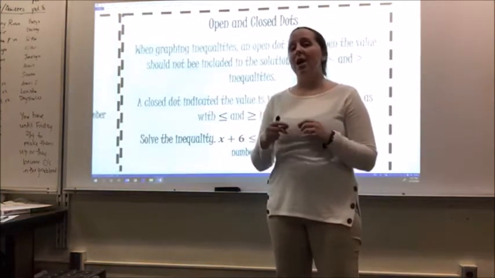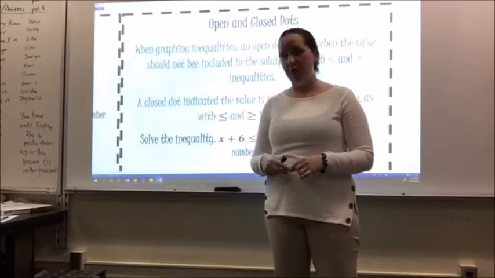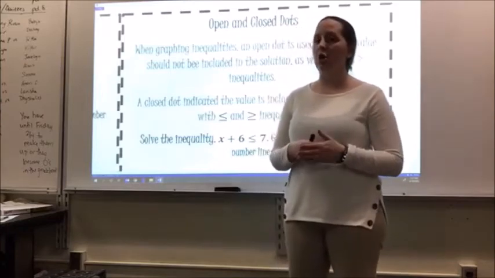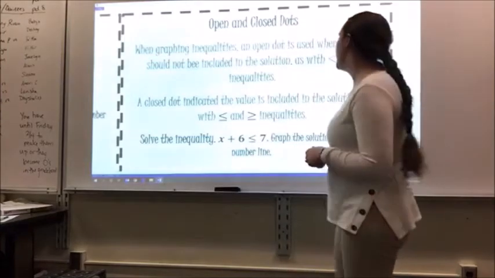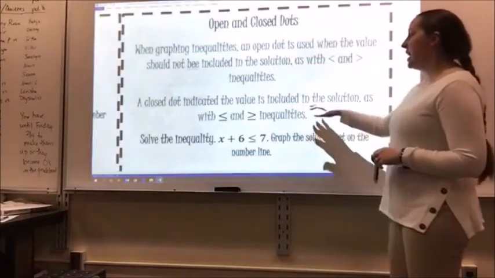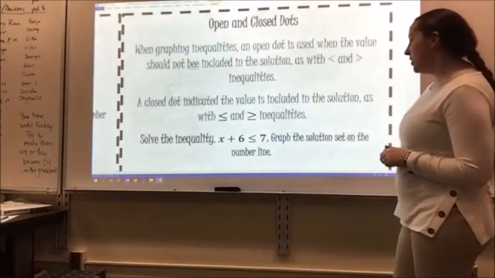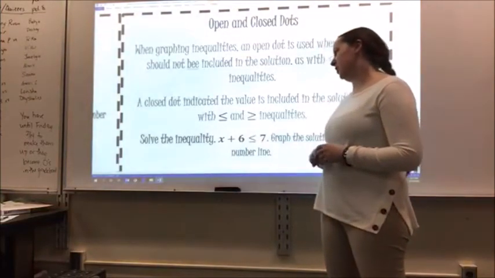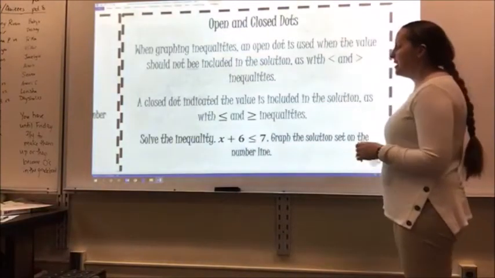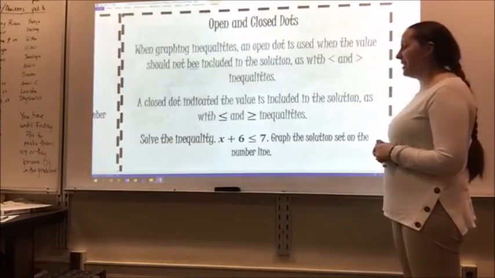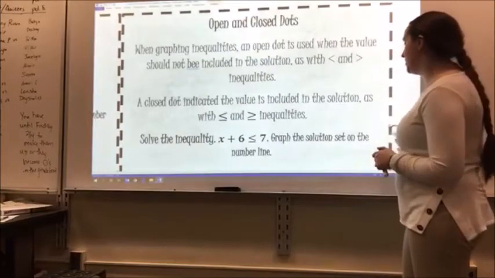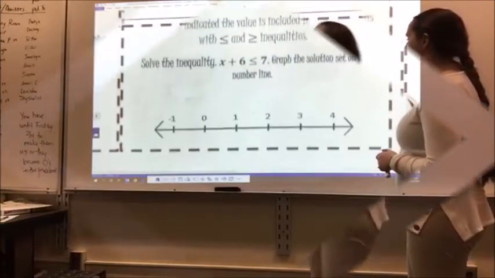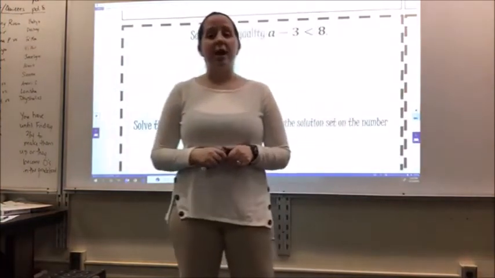If it's a greater than or equal to or a less than or equal to, it's a closed dot or a filled in circle. Okay? So a closed dot indicates the value is included in the solution, as with less than or equal to or greater than or equal to inequalities. Now solve the inequality x plus 7 is less than or equal to 7, and graph the solution set on the number line.